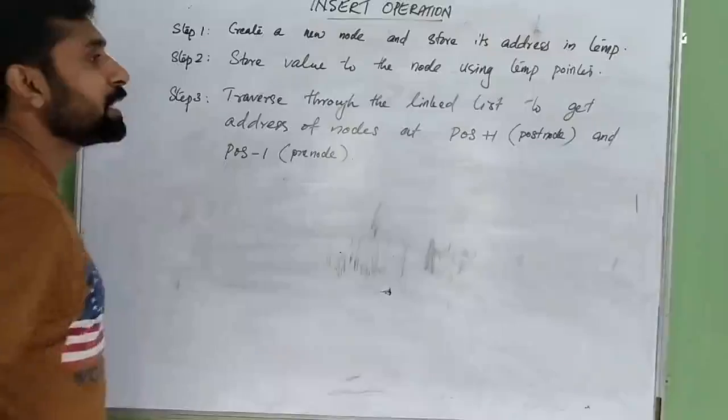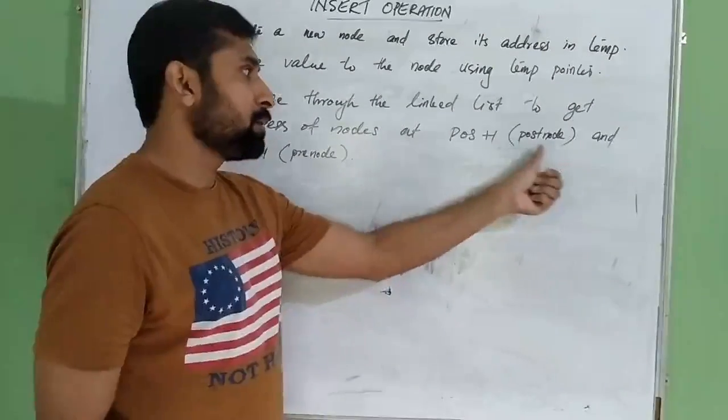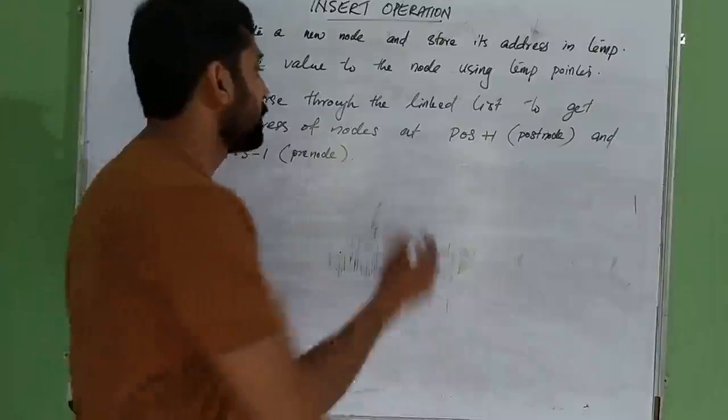So traverse through the linked list to get address of nodes at POS plus 1 and POS minus 1.